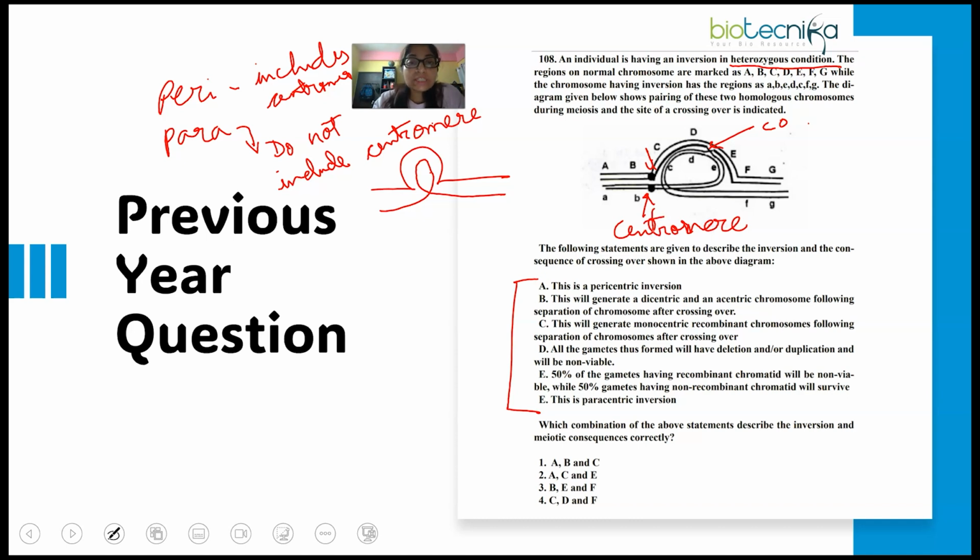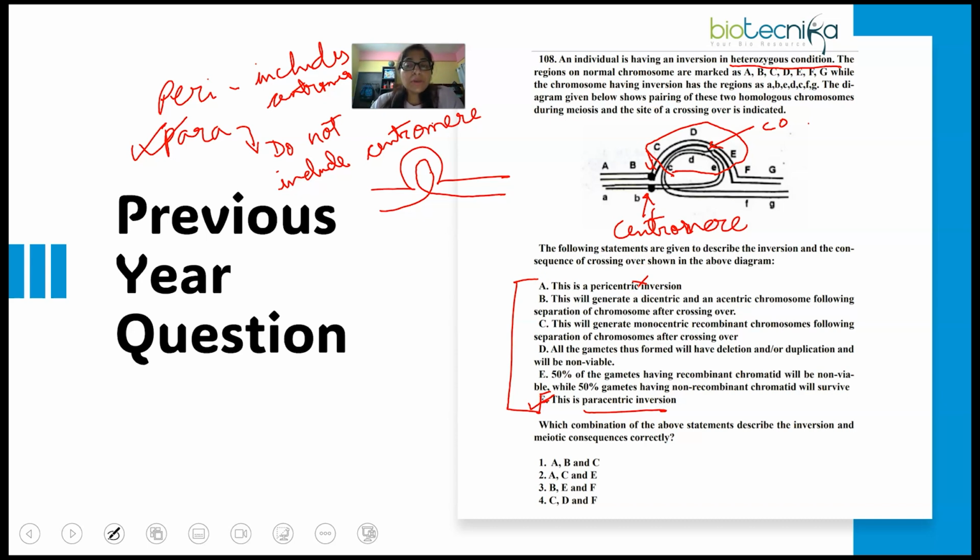No, they are outside the loop, right? Within the loop, the gene segments are C, D and E. This is the segment which has got inverted and it does not include the centromere. So what kind of inversion is it? Paracentric inversion. So this option F is correct, and immediately A becomes wrong.